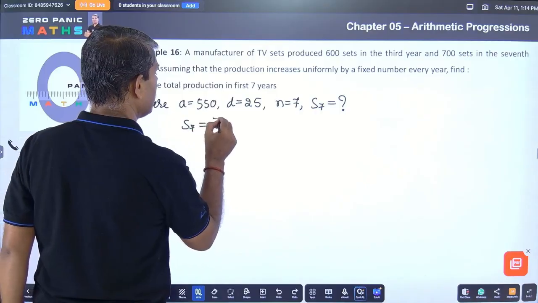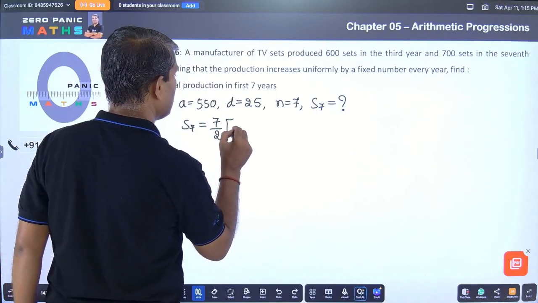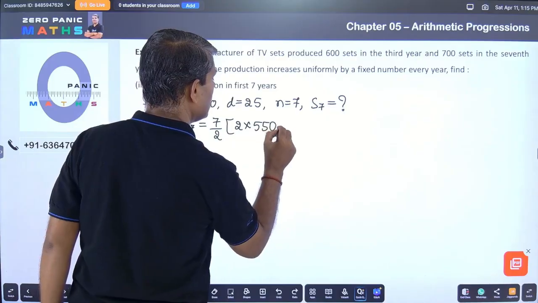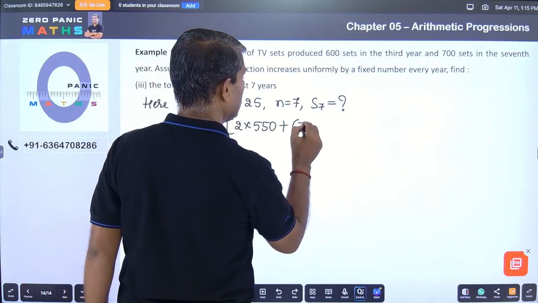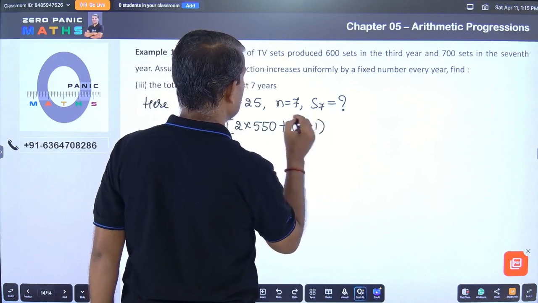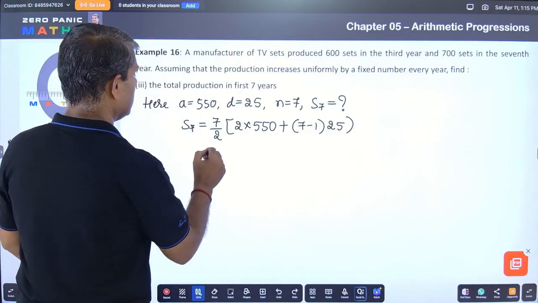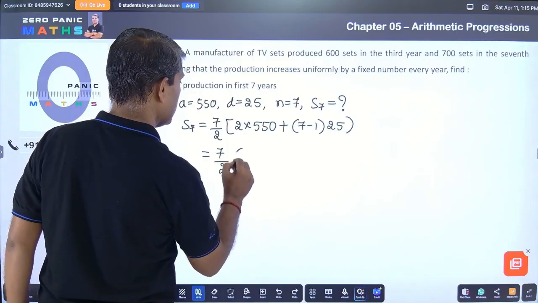S7 is 7 by 2, that is n by 2, into 2A, that is 2 into 550, plus n minus 1 into d. Let me write that, 7 minus 1 into 25. So let us keep it as 7 by 2 into bracket.